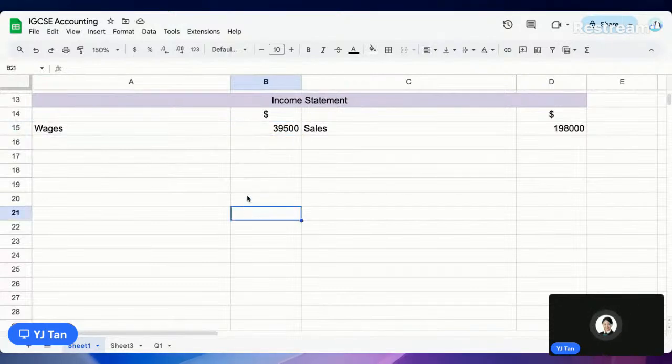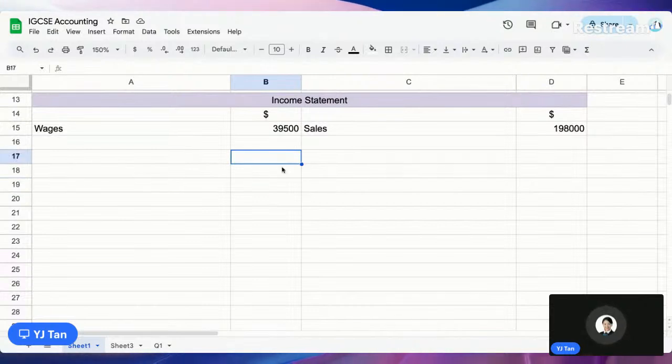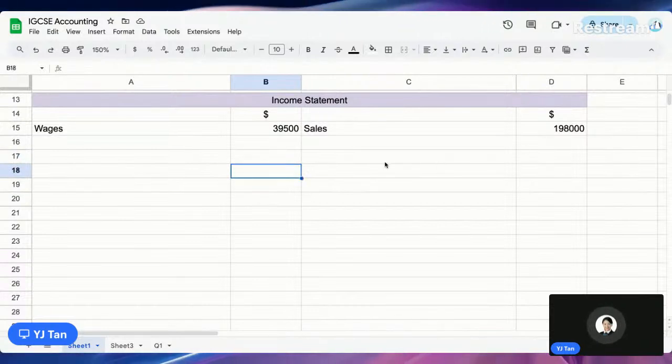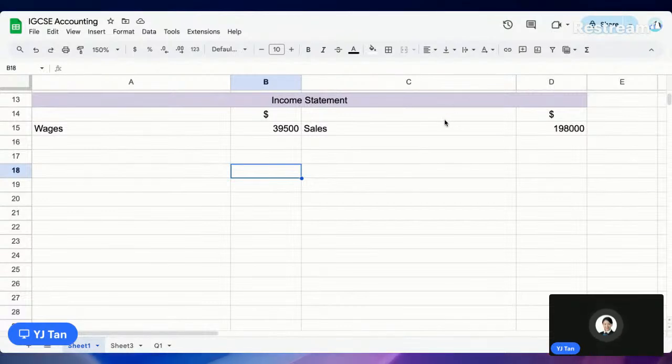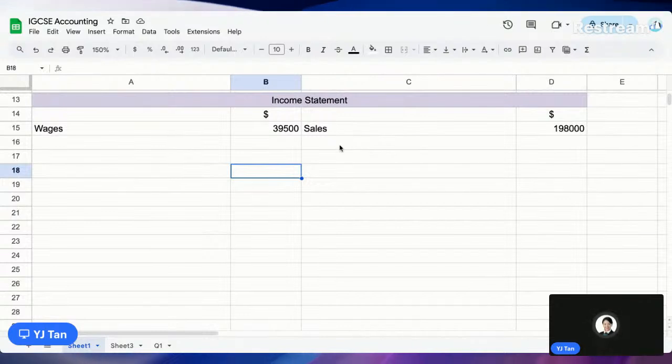Let me go a little bit further. You realize that these two are not balanced. What does this mean? Imagine this is a very simple business, with only wages and sales. We want to close the account to check whether it's a profit or a loss.